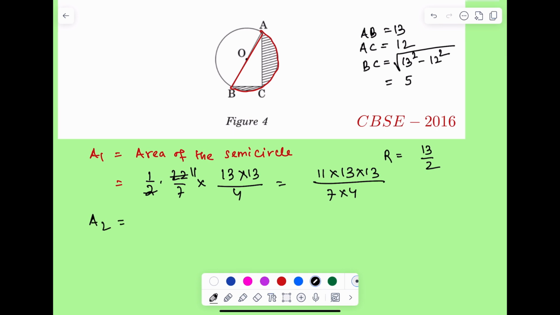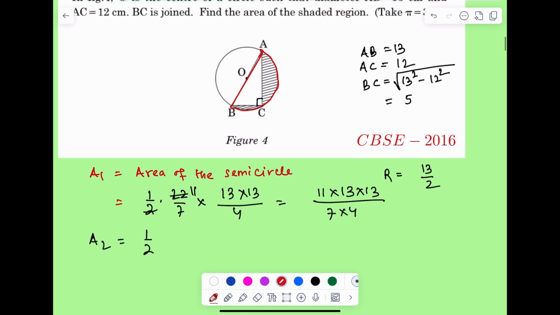Now the area of the triangle A2. Area of the triangle is equal to half base into height. This is actually 90 degree. You have to use the concept here: the diameter of the circle subtends an angle of 90 degree at any point on the circle. Suppose you take any point like this, this angle will also be equal to 90 degree.